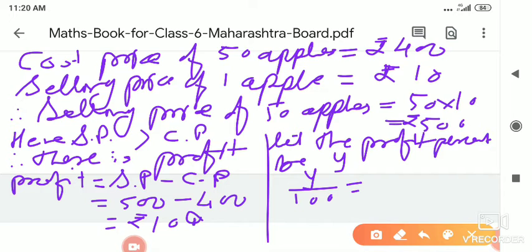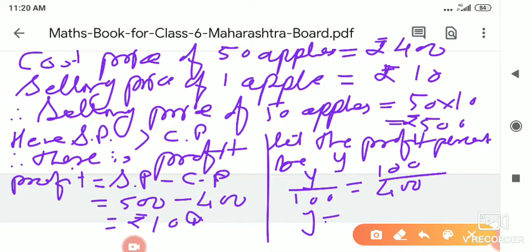So y upon 100 is equal to, for 400 how much profit he got? Sorry, my mistake. Profit 100 upon 400, right? So how much is the profit? 100 rupees for how much? 400. Now we will solve the example.